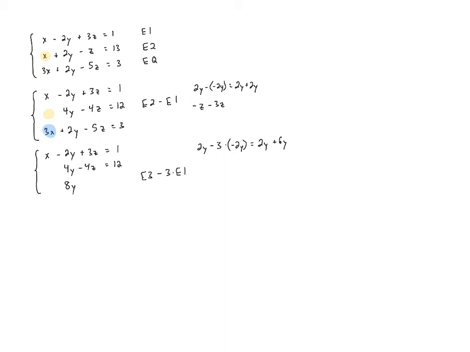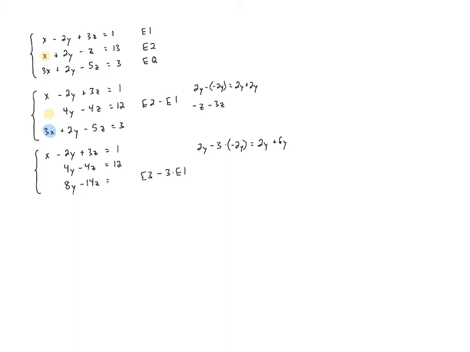So let's try that with the z's and with the constants. Remember, we're taking equation 3 and subtracting from it 3 times equation 1. So here in equation 3, we've got negative 5z, and we're subtracting 3 times 3z, so we're going to be subtracting 9z, and negative 5z minus 9z is negative 14z.